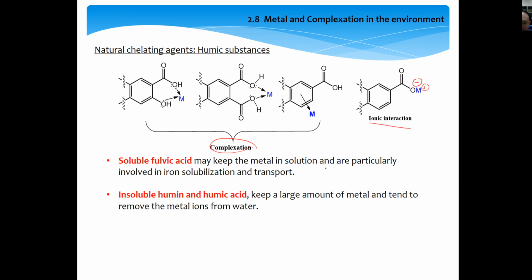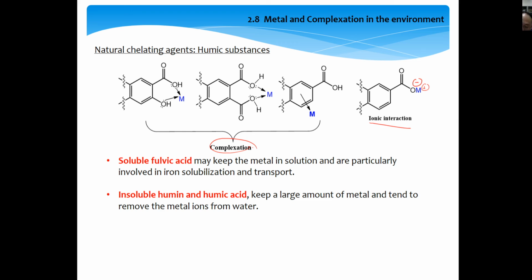As I mentioned just now, fulvic acid is very soluble in water. So when it complexes with metal, it will solubilize the metals, or in other words, it causes the metal to be soluble in water. Humine and humic acid are solid.